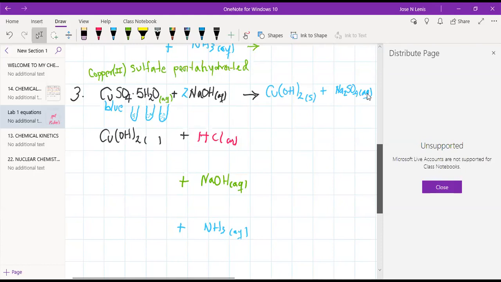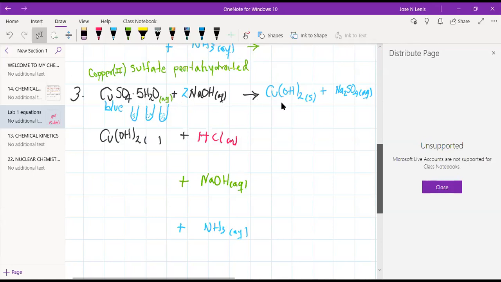That's why we're writing here aqueous. We don't need to write plus 5 waters. No, because this isn't water, it's a water system. When you add this to water, this becomes part of the solution, becomes part of the water.